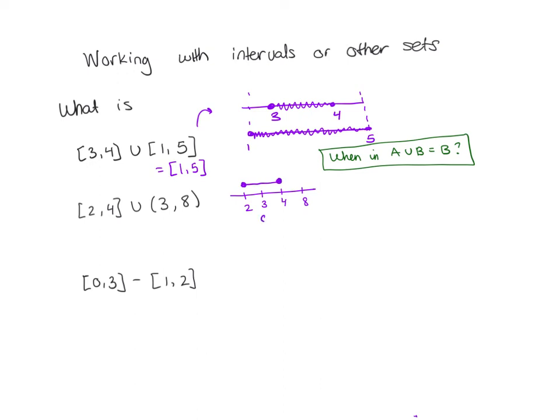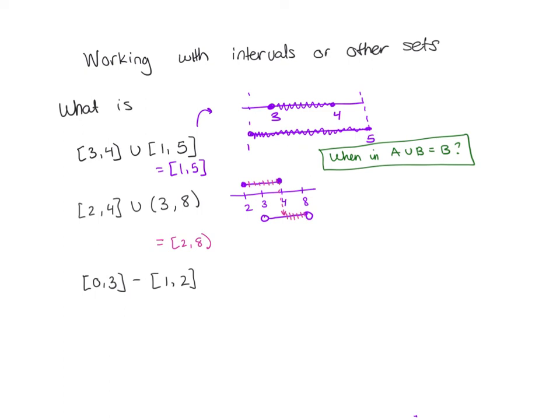The second interval I have is from 3 to 8, not including those endpoints. And so when I union those together, I want to think about any number that's in either of them. So I'm going to get everything starting at 2, and then I'll jump up. I've got 4 in there. And I'm going to go all the way up to 8, but I'm not going to include 8. So the interval that's closed on one side and open on the other will be that union.